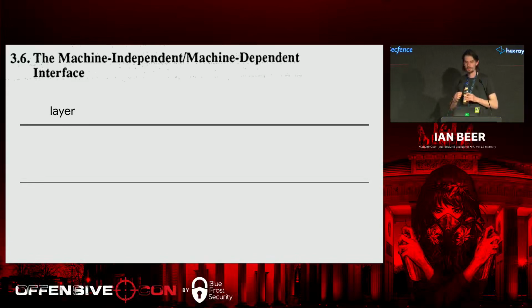So one of the key aspects of Mach, at least in 1987, is that they had a very well-defined and strong separation between two different layers.